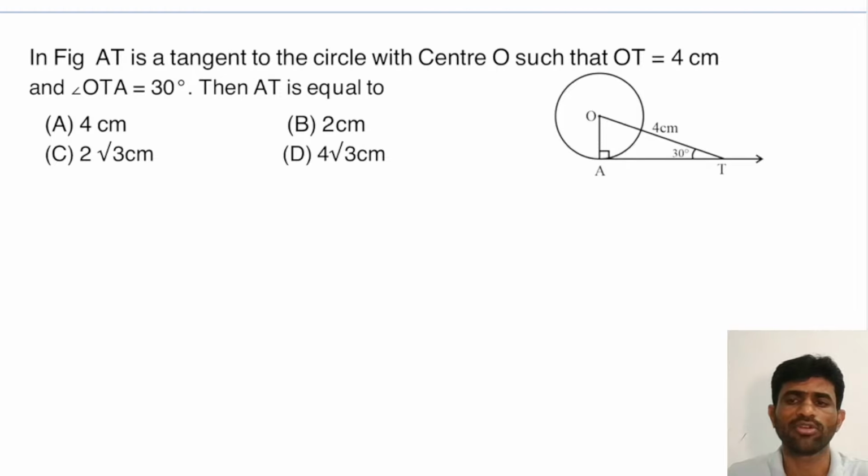How can we find the length of AD? I will see who will answer me quickly. You know the angle and hypotenuse. We have to find AD. I am waiting for your answers.